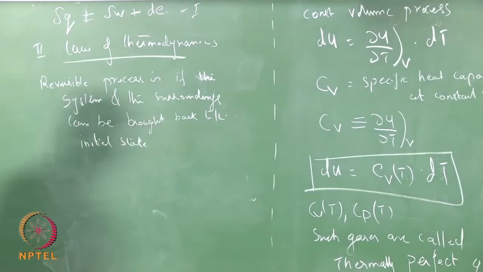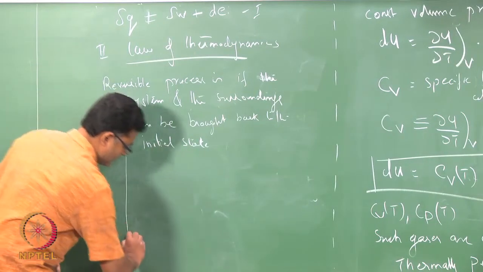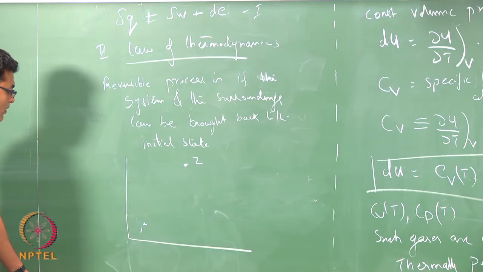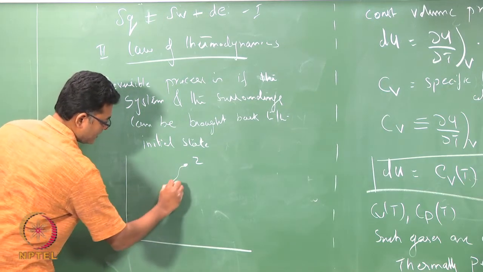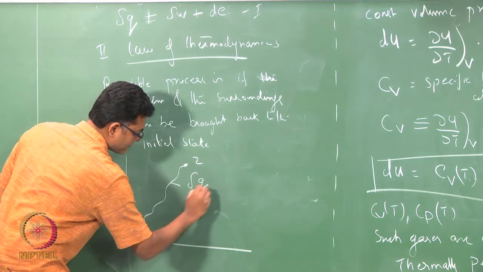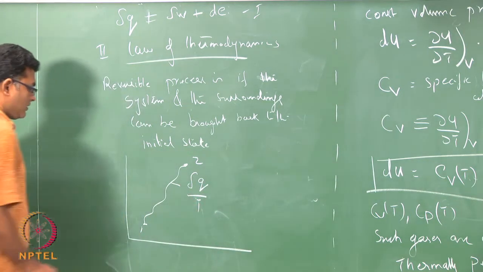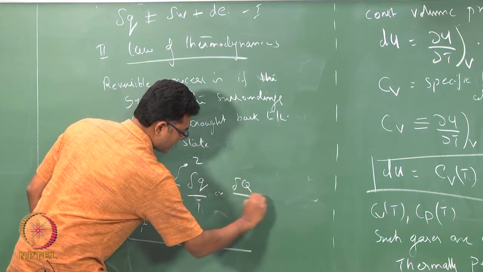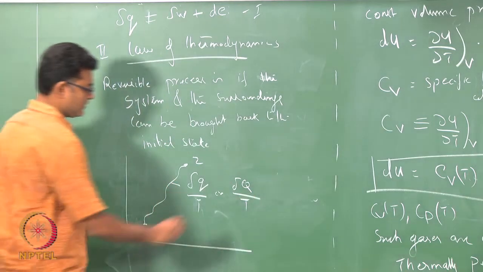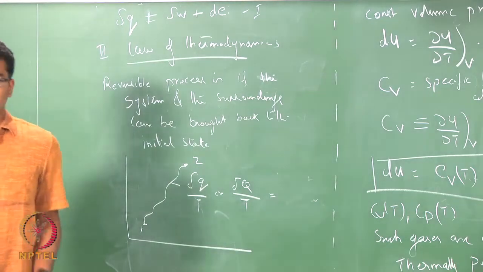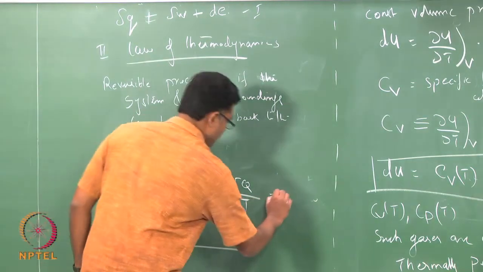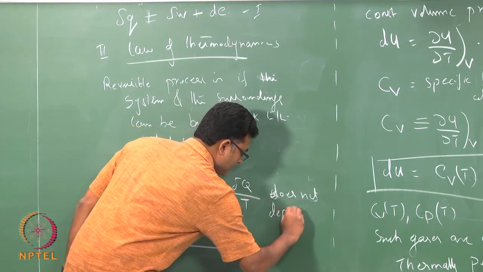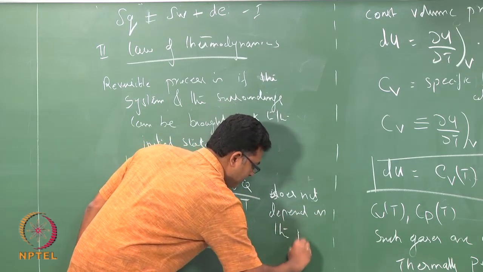Now for a reversible process from state 1 to 2, what is noted here is that delta q by T does not depend on the path.